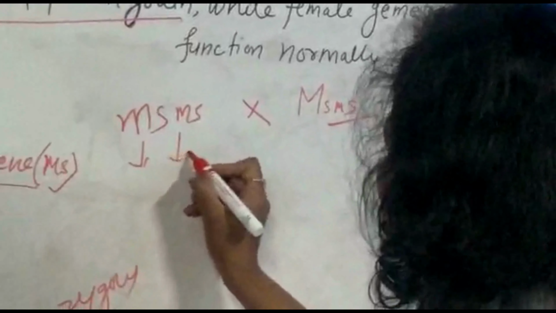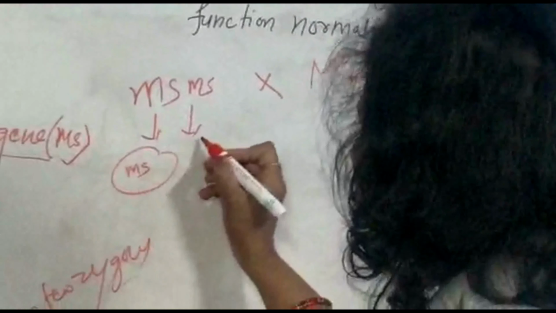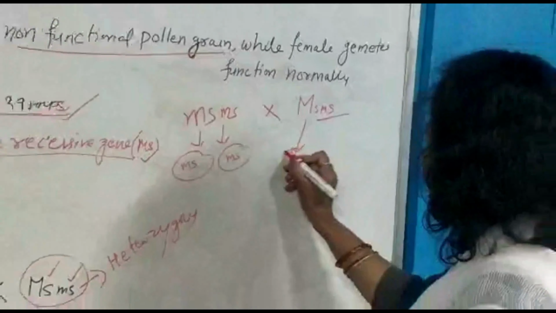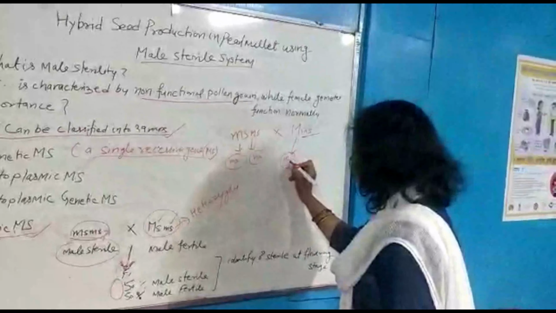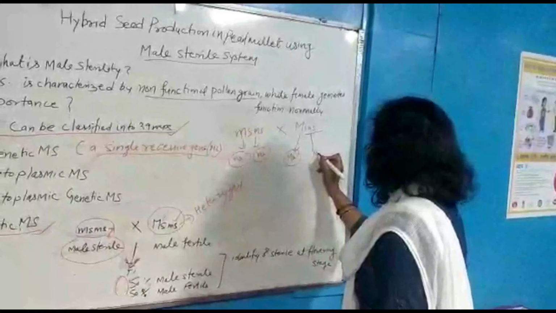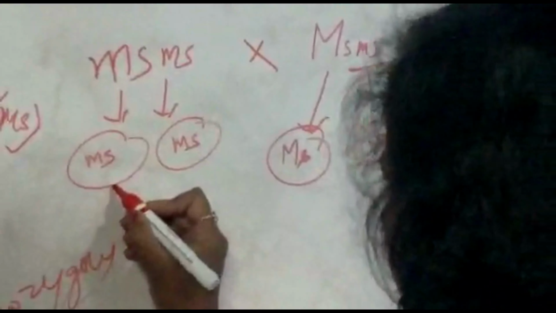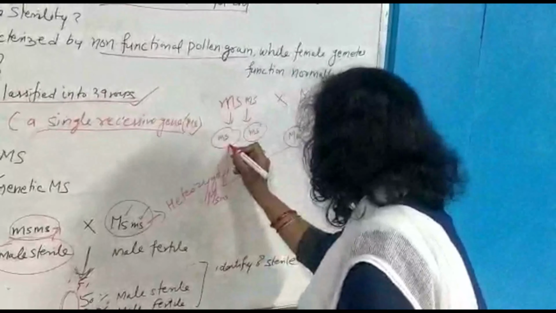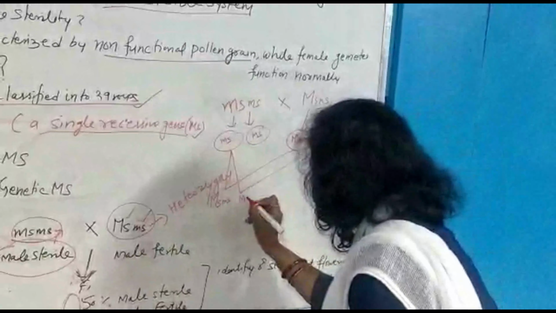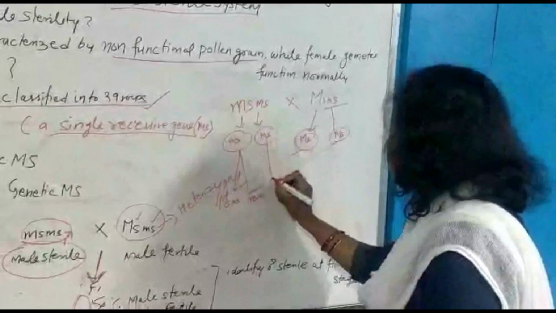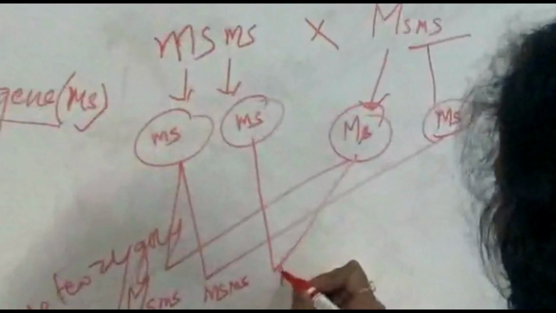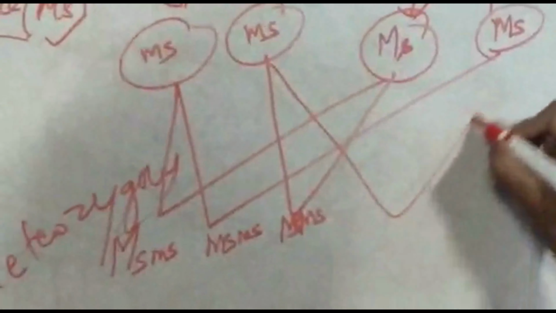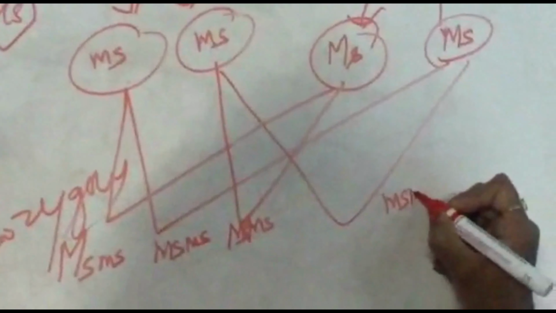Here we get two gametes, both small ms. In the other parent we get one dominant capital ms and one small ms. When we cross these, we get capital ms small ms, then small ms small ms, then small ms capital ms, and again small ms small ms.